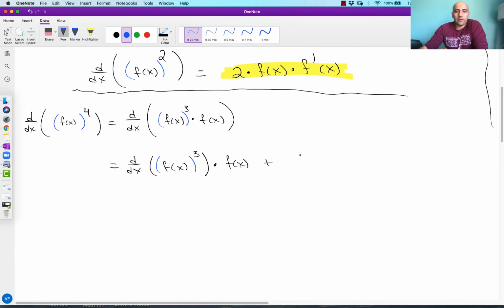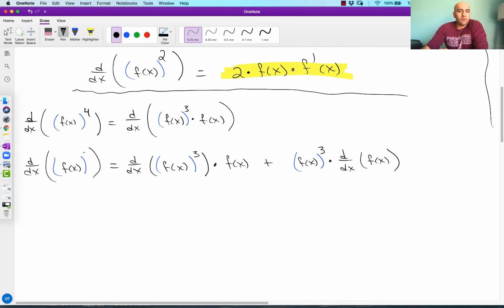Okay, well that'll be one of these cubes, f of x cubed times the derivative with respect to x of f of x. Okay, so let me copy this side, d dx of f of x to the power of 4.